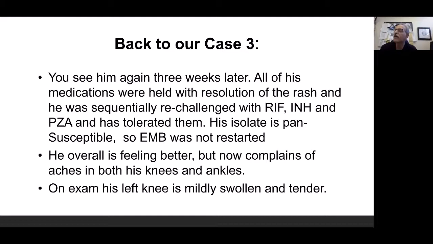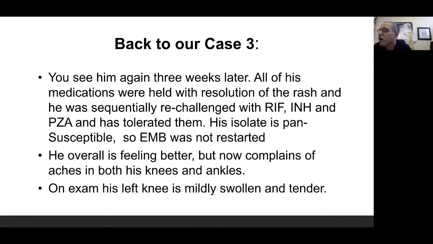And then I think rather than going through some of the rest of these toxicities, we'll jump to time for questions and discussions. So here is our same patient, our Korean gentleman. He was sequentially rechallenged after his medications were held and has tolerated them.